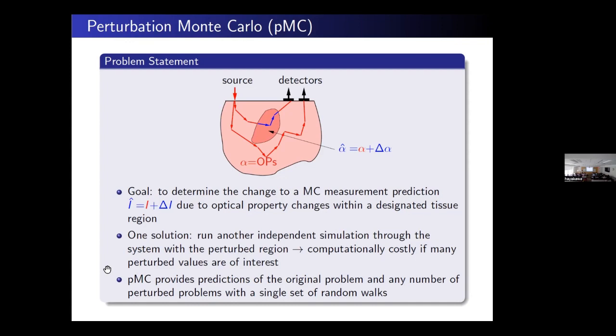What's the remaining portion of that track? And what is it in terms of the new optical property? So it may be shortened or elongated, depending on how this delta A, and A I'm using as a vector to represent the optical properties, and these perturbed optical properties are A plus delta A.